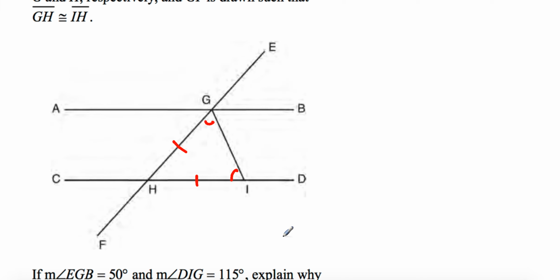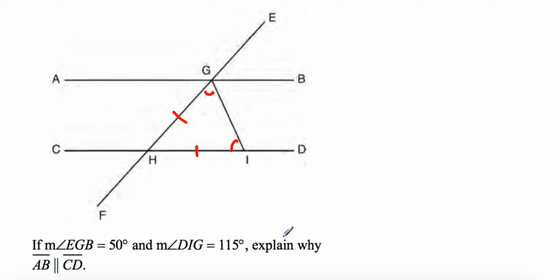Now, and then we realize that angle EGB, this angle is 50. And then DIG, this one is 115. Explain why those two lines are parallel.